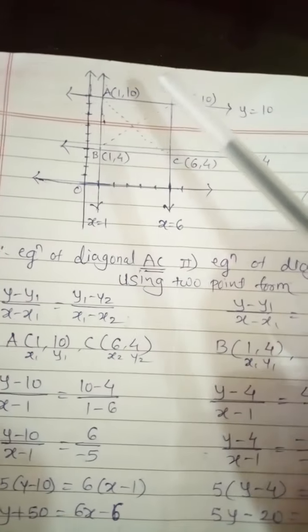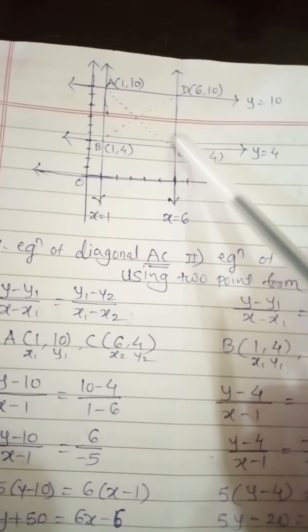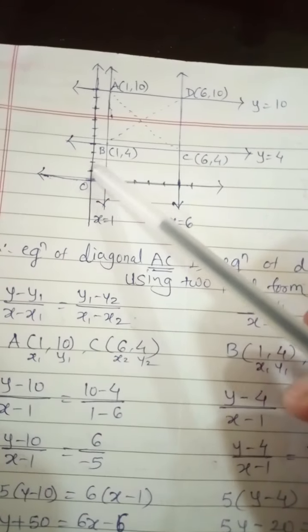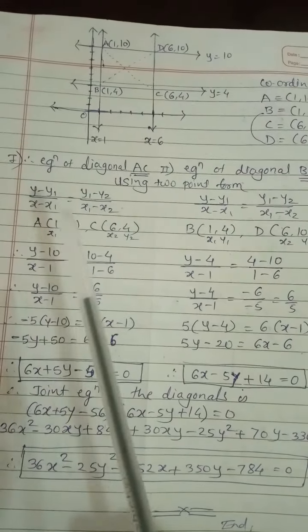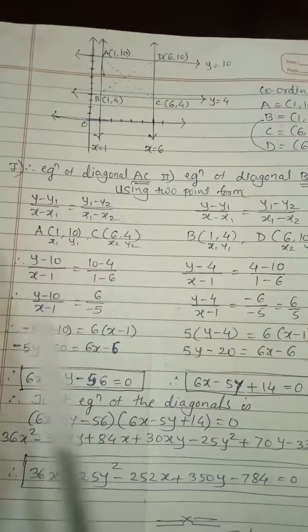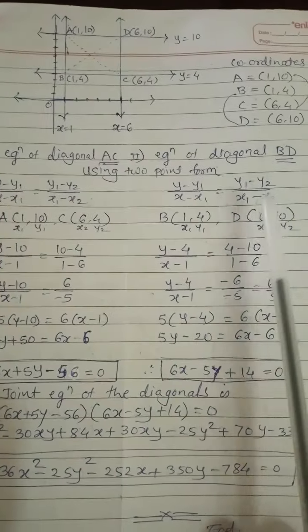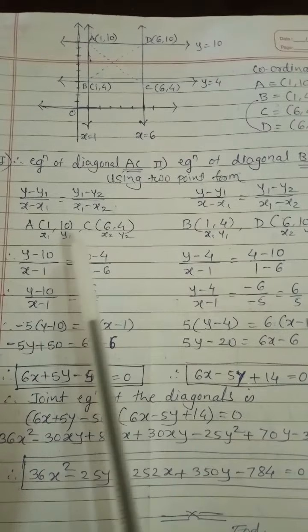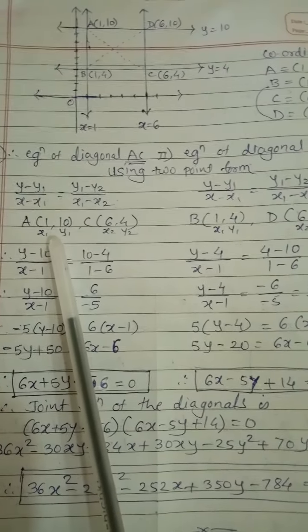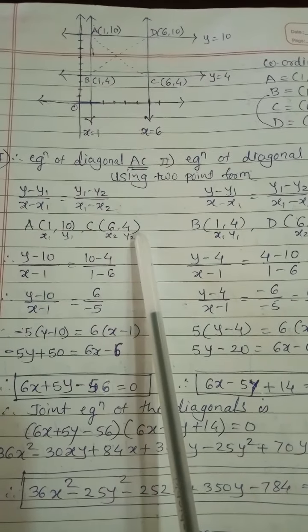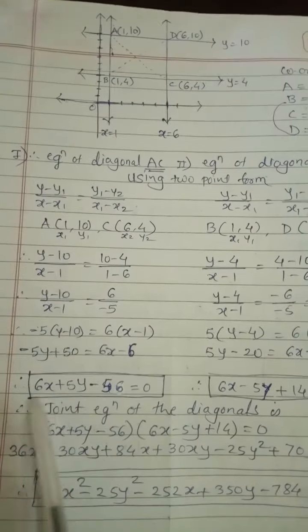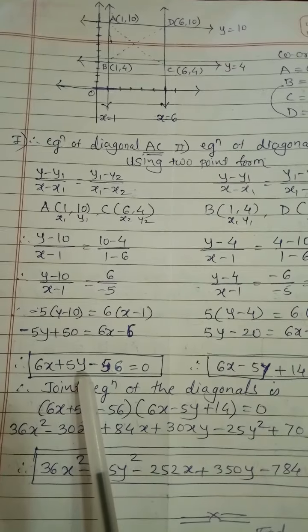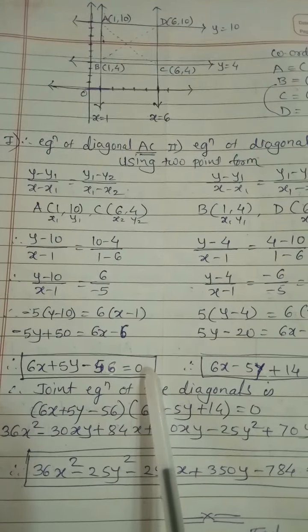Now we are going to find the equations of the two diagonals. The first diagonal is AC and the second diagonal is BD. For AC we use this part, and for BD we use this part. For AC, the coordinates of A are (1, 10) and C is (6, 4). Putting all these values in this equation and solving, we get the equation 6x plus 5y minus 56 equals 0.